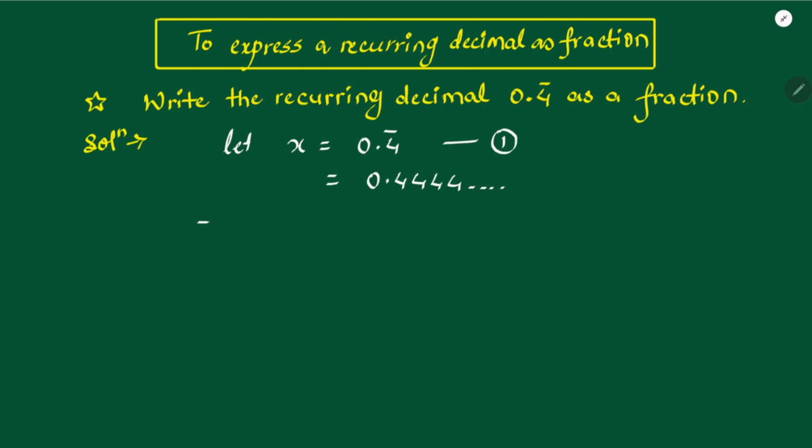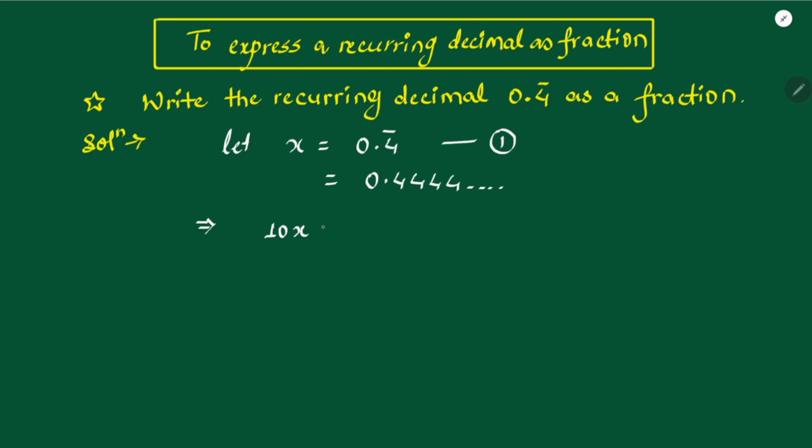Now we can multiply both sides of this equation by 10. Then it will be 10x equal to 4.444, right?